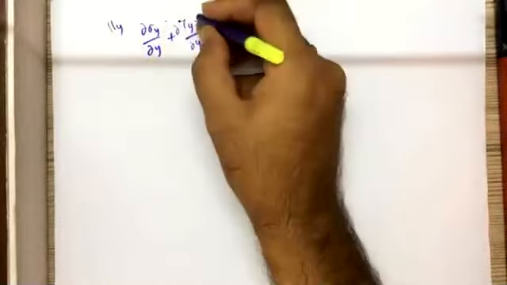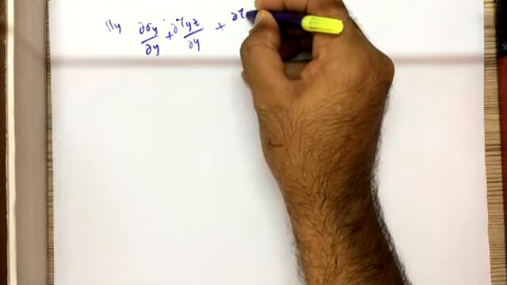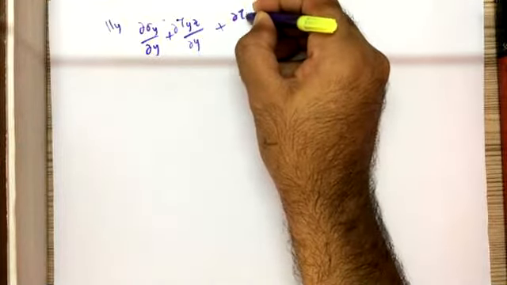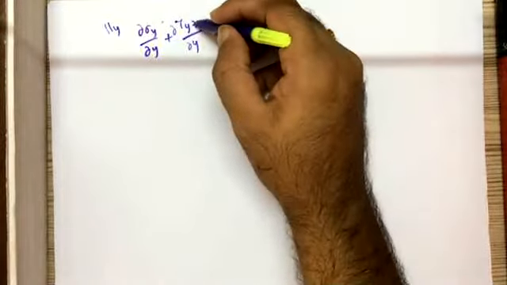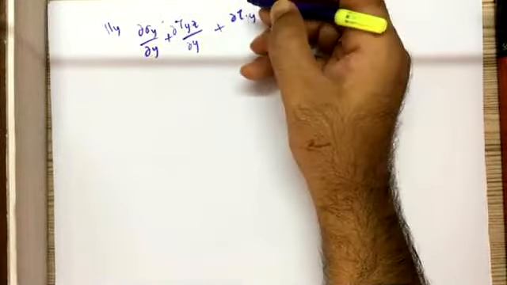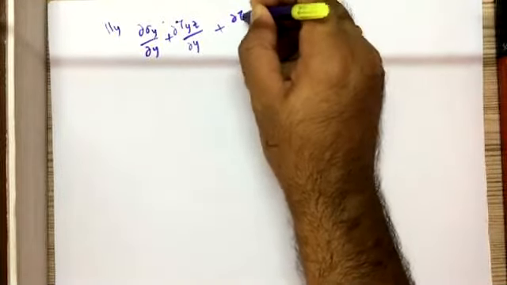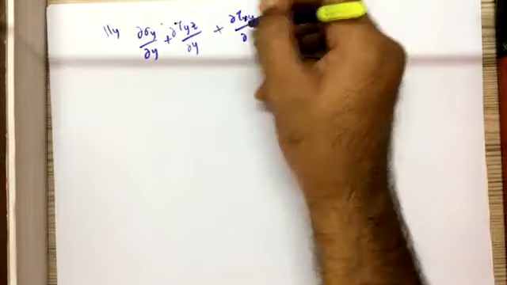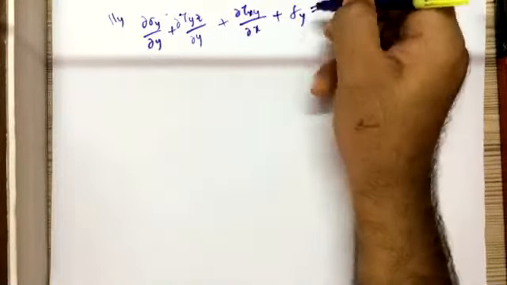Similarly, ∂τyz/∂y plus ∂τ, what should I get? What is the other coordinate? Z is already over, so it should be x, right? But τyx is same as τxy, so ∂τxy/∂x plus fy is equal to 0.